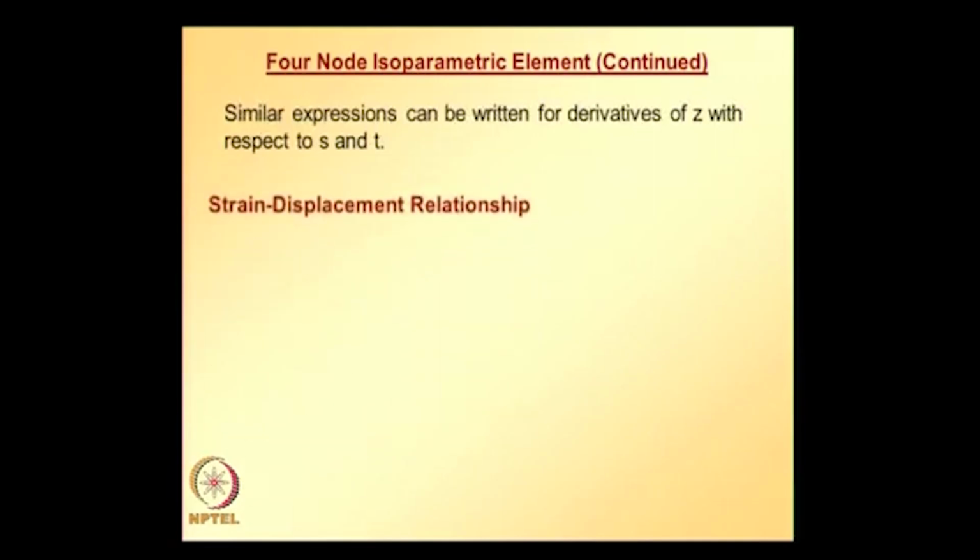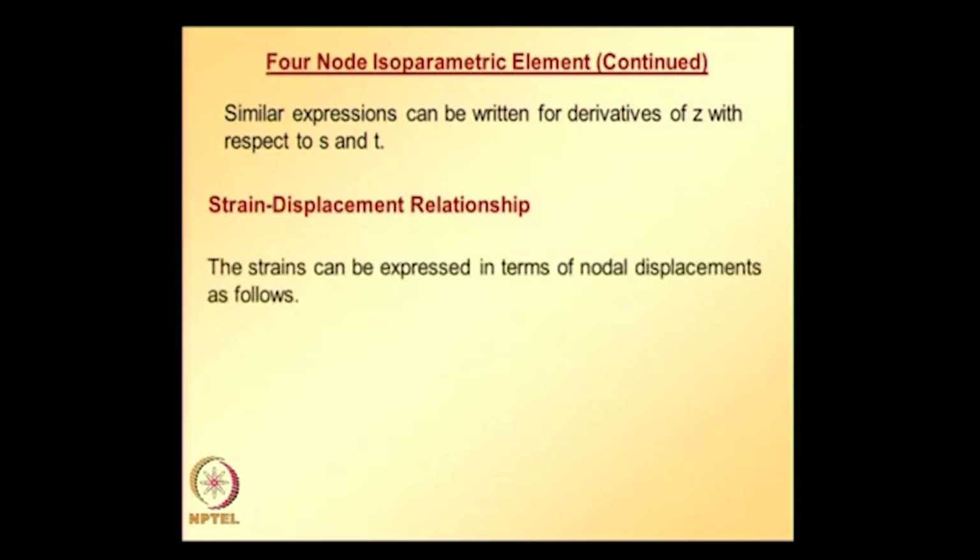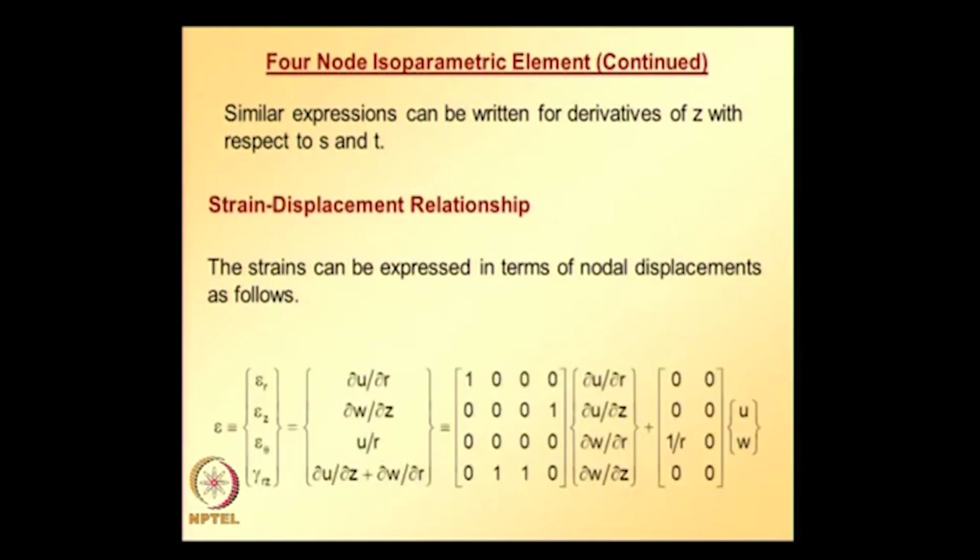So, now we need to look at the strain displacement relation, how to express it in terms of finite element shape functions. Strains can be expressed in terms of nodal displacements. For the axisymmetric problem, the four components of strains are defined like this.